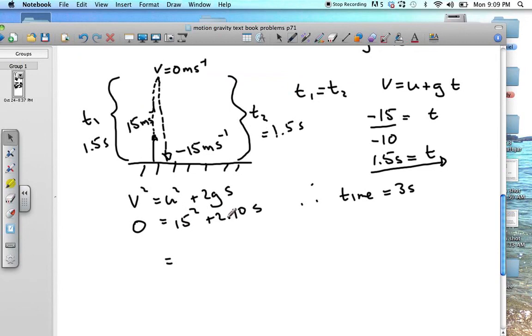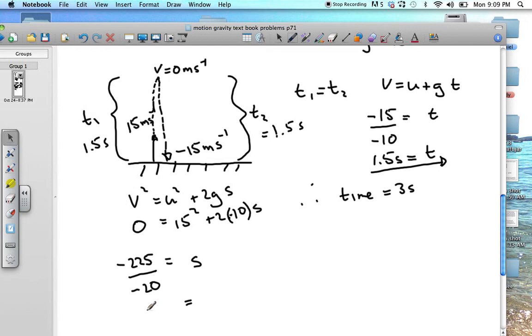Now this would be my minus over here. Remember I've got minus there, so I can maybe put that into brackets. That becomes minus 225 divided by minus 20 is equal to my S.